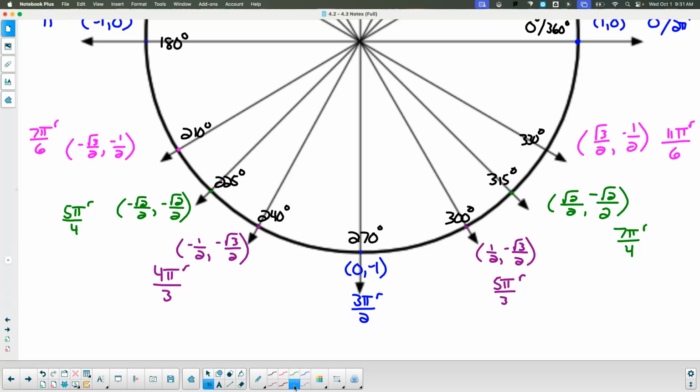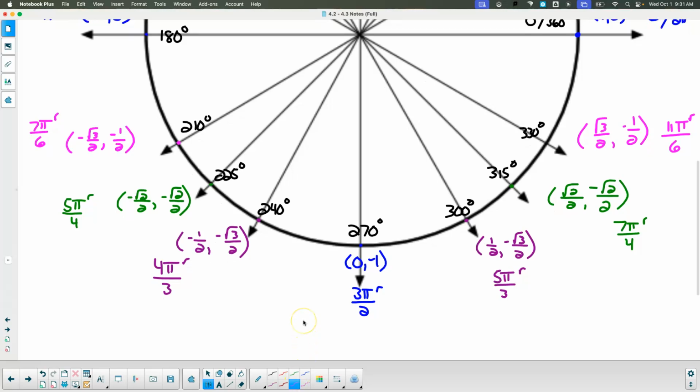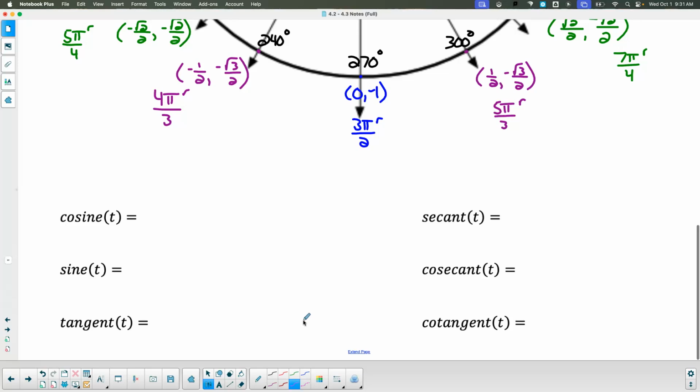So that is your unit circle that you need to memorize on top of what we talked about yesterday. So the cosine of t is equal to what? X. Yep, it's equal to the x part of that point coordinate. Okay?